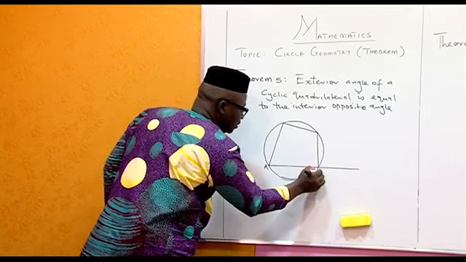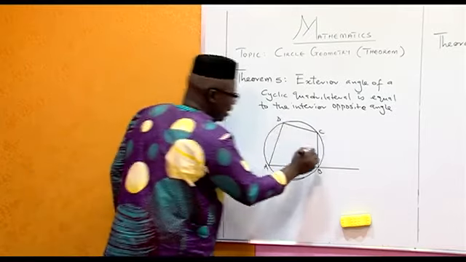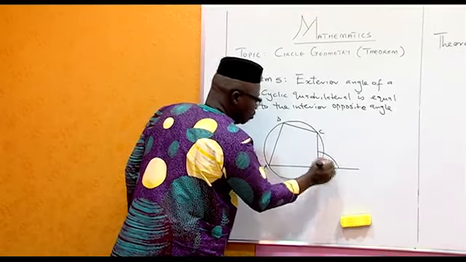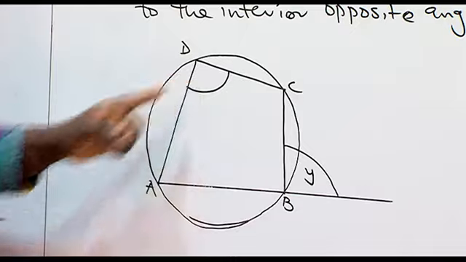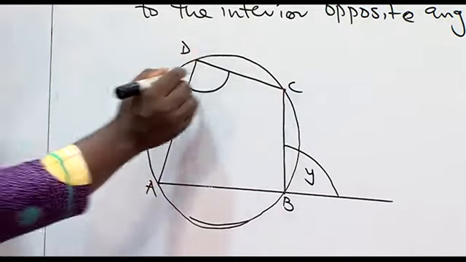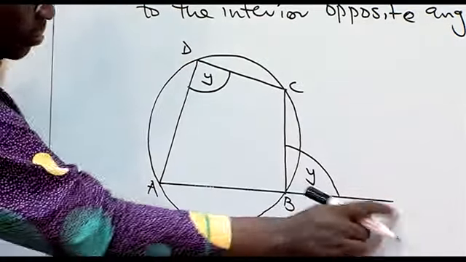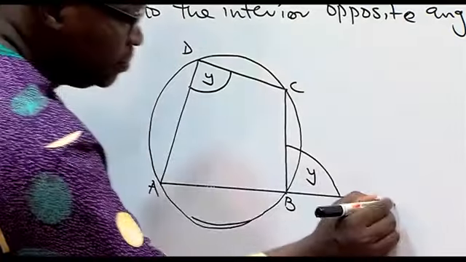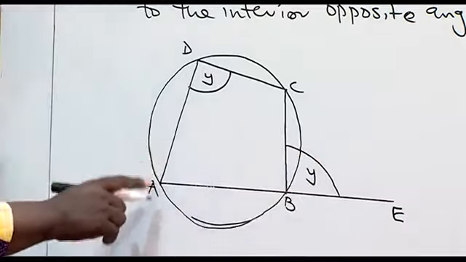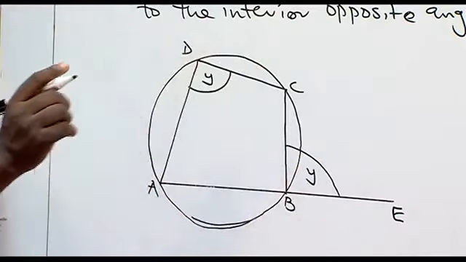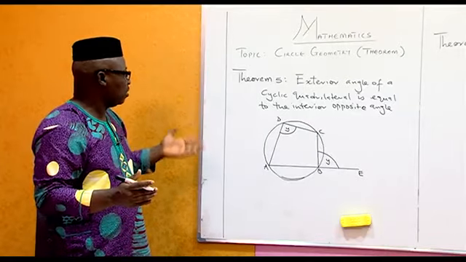If this is A, this is B, C, and D. This angle here I can tag as angle Y, is going to be the same as this particular angle here. That is angle ADC. That is what the theorem is saying. Let me tag this place point E. That implies that angle CBE, which is Y, is going to be the same as angle ADC. Exterior angle of a cyclic quadrilateral is going to be equal to the opposite interior angle.